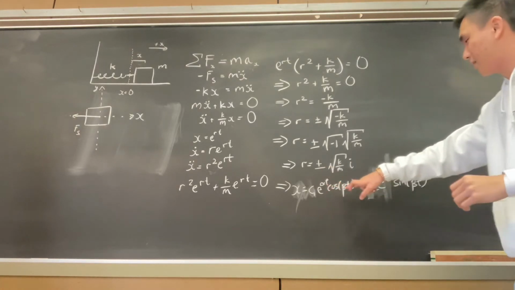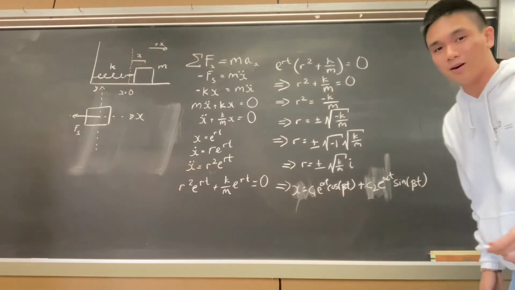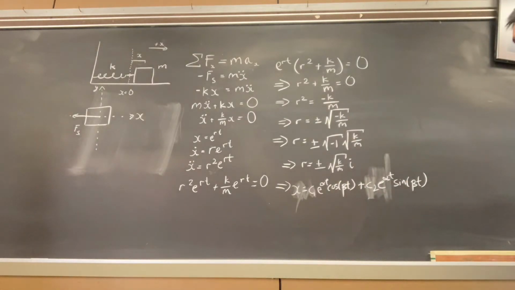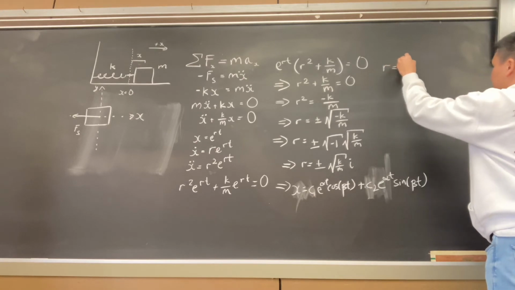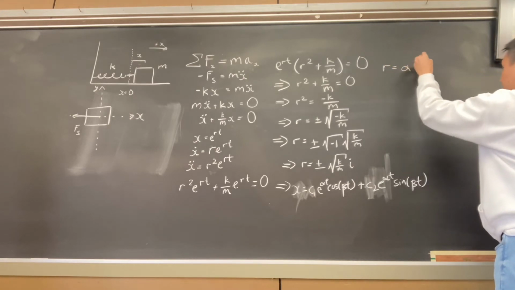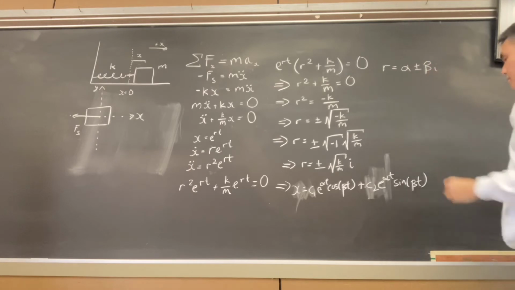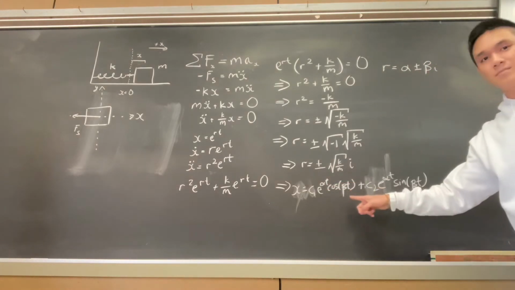And this alpha and this beta correspond to our root being alpha plus or minus beta i. So that's what those alpha and beta are.